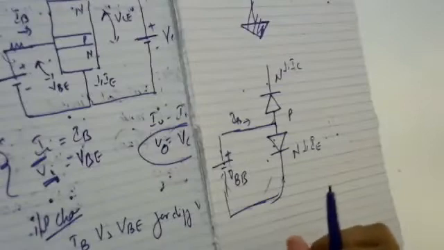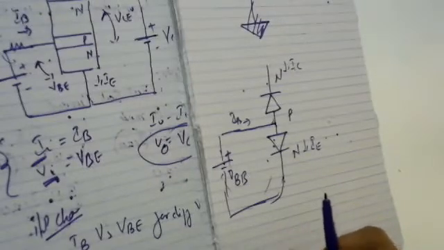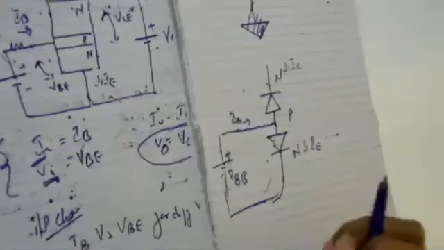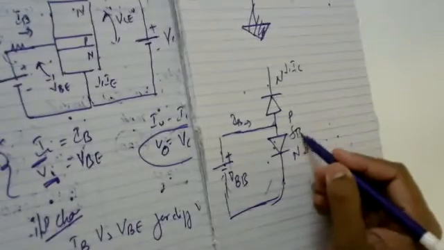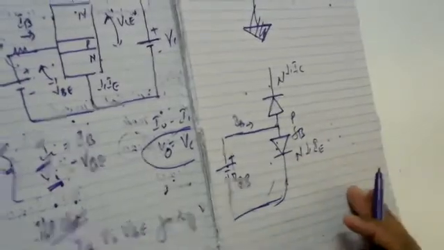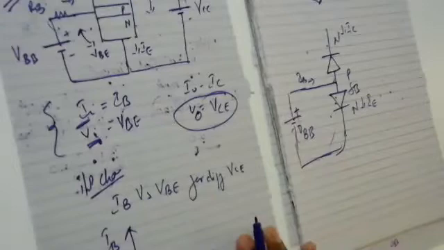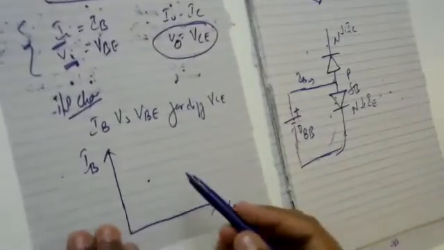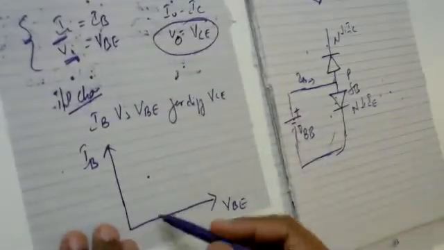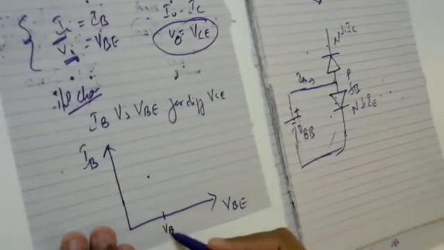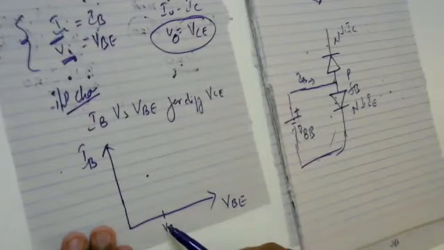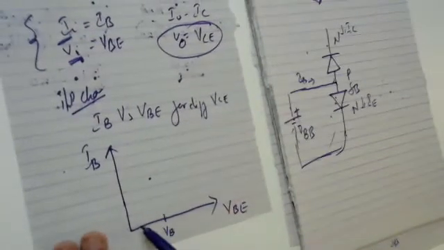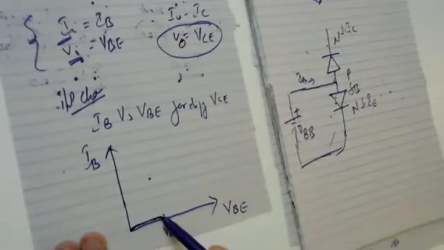Yes, it will be the same as the forward biased response of a diode, since this diode is being forward biased now. So your response will be somewhat like this. Initially, until the barrier voltage is reached, until your VBE becomes equal to your VB, a small current will be flowing through the device.